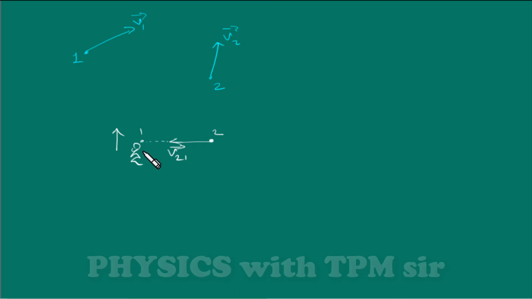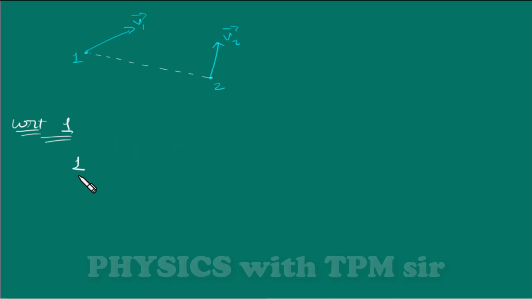So a simple trick: suppose this is particle 1 and particle 2, and they are going to collide. Let's solve this question with respect to 1 itself. If we solve this problem with respect to 1, then by the relative motion theory we know that 1 will be at rest, because with respect to an observer, the observer is always at rest.